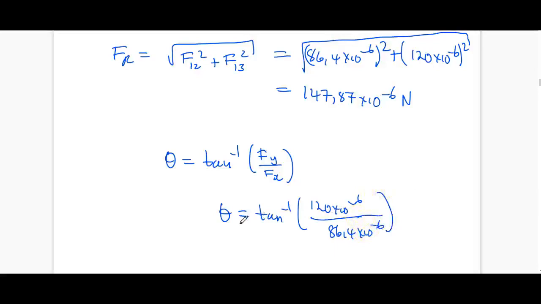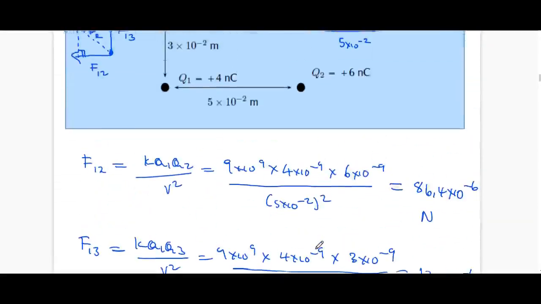So do arctan of that, 120 divided by 86.4. What do you get? You get theta is equal to 54.2 degrees.